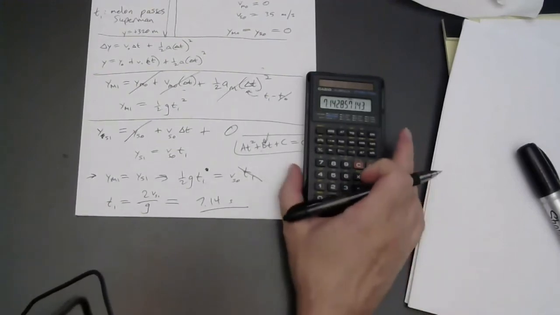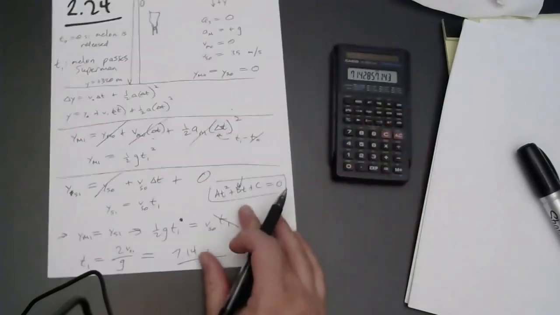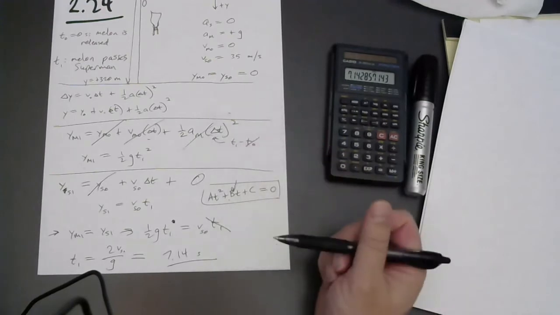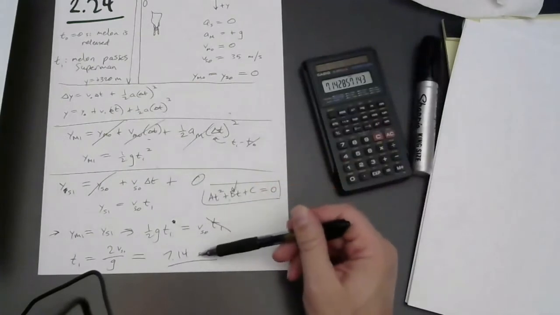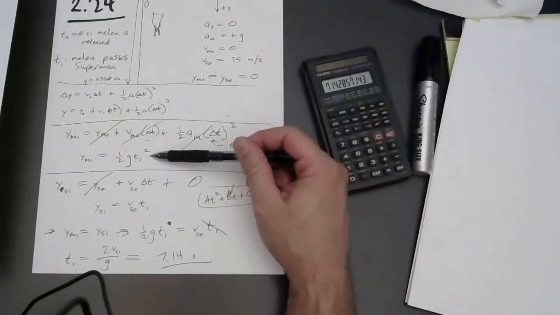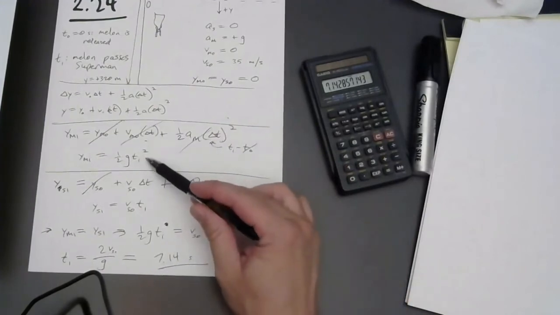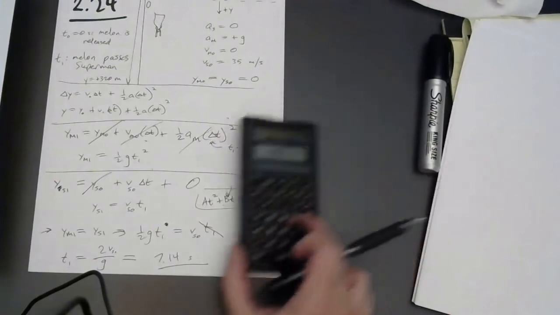Okay, now what they're really asking is how fast is the melon going when it passes Superman? But before I answer that question, I'm kind of curious, does this actually happen before they smash into the pavement? I hope so. So I can check that real quick by plugging this time back into the equation for the melon's position at time 1. And let's see that the melon's position really is a y coordinate less than 320. That'll be easy.